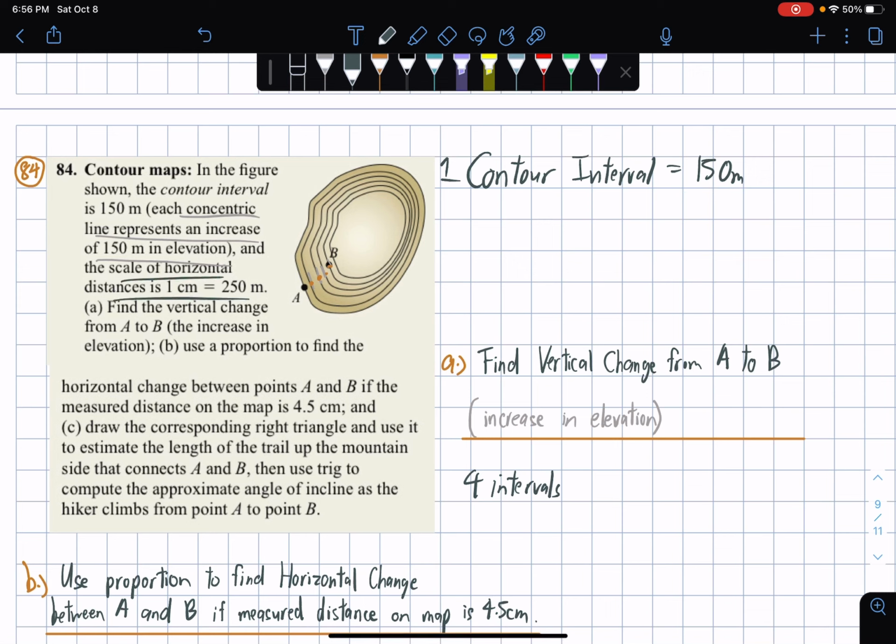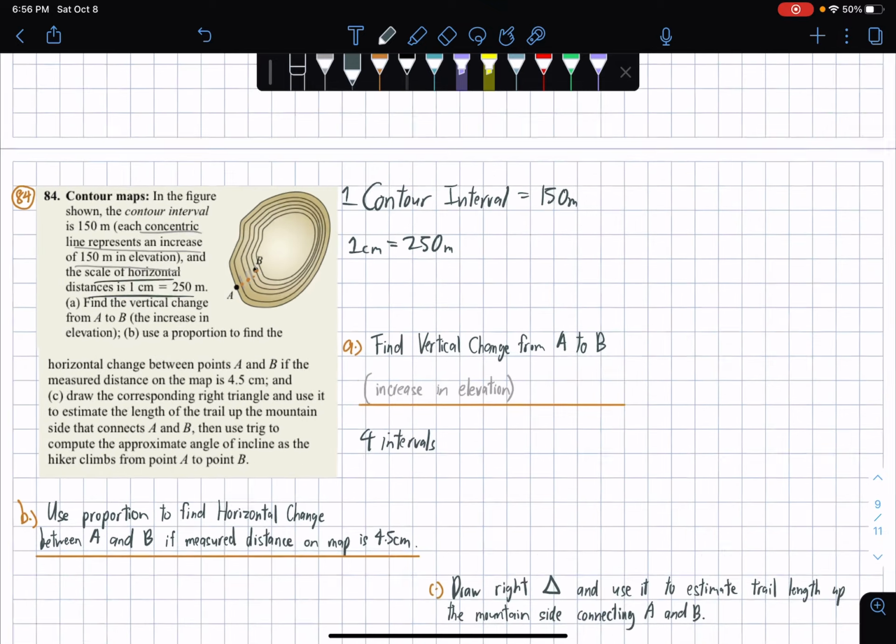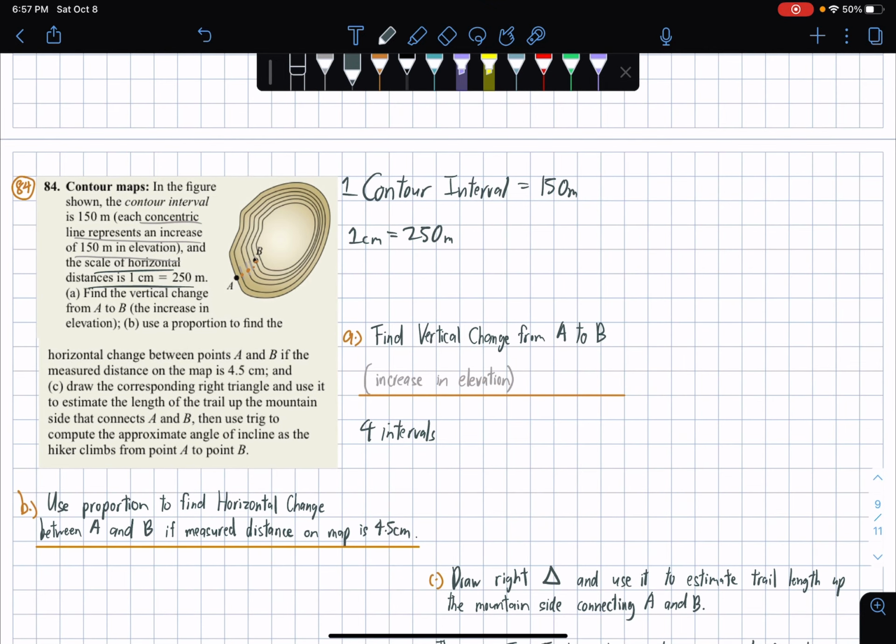Scale of horizontal distances, 1 centimeter is equal to 250 meters. Find the vertical change from A to B. Let's recount again. 1, 2, 3, 4. Yeah, we got 4 intervals. So 4 times 150 is 600 meters. That's the vertical change, I believe.